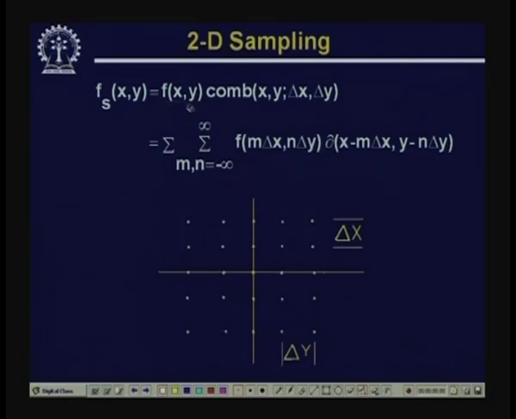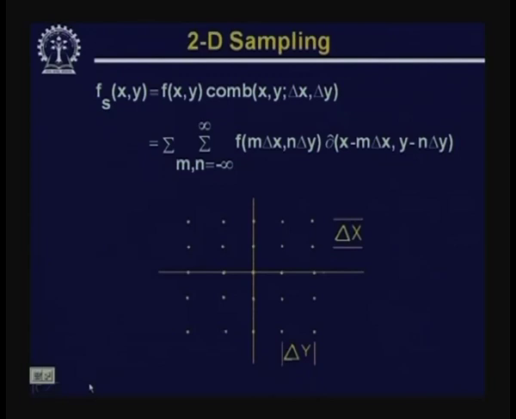As we have seen in case of a one dimensional signal, f of t is multiplied by comb of t delta t for the sampling operation. In case of an image also, f of x y has to be multiplied by comb of x y delta x delta y to give you the sampled signal f s x y.